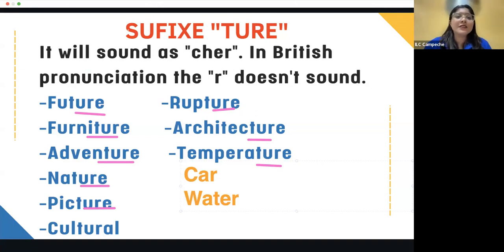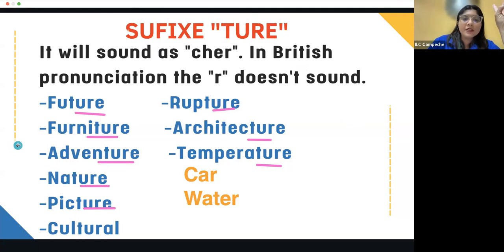So the R doesn't sound most of the time. But what I want you to know today is that each time you see the suffix T-U-R-E, it's going to sound ch. Future, furniture, adventure, nature, picture, rupture, architecture, temperature. All right? So that's the second thing.